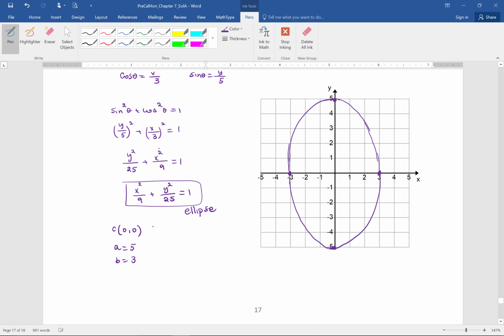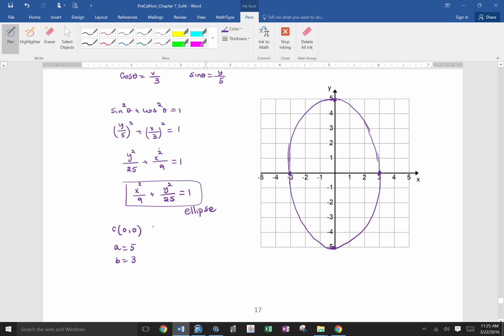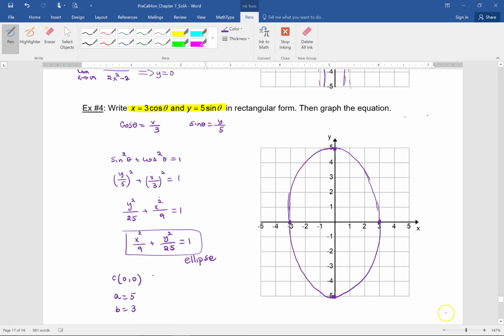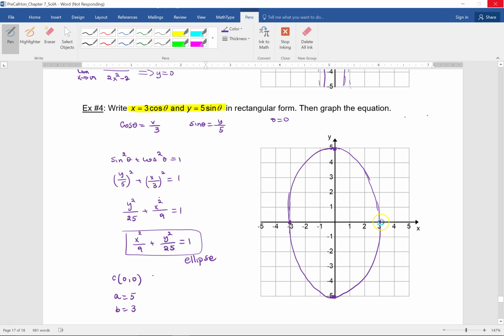Now we're not done yet because we need the orientation of this. Okay? Now, how do we get the orientation? For that, we need to plug in values of theta. That's right, values of theta. So here's what we do. We go back to the parametric equations. Okay? When theta is equal to 0, where are we? We're here, right? This is when theta is equal to 0.